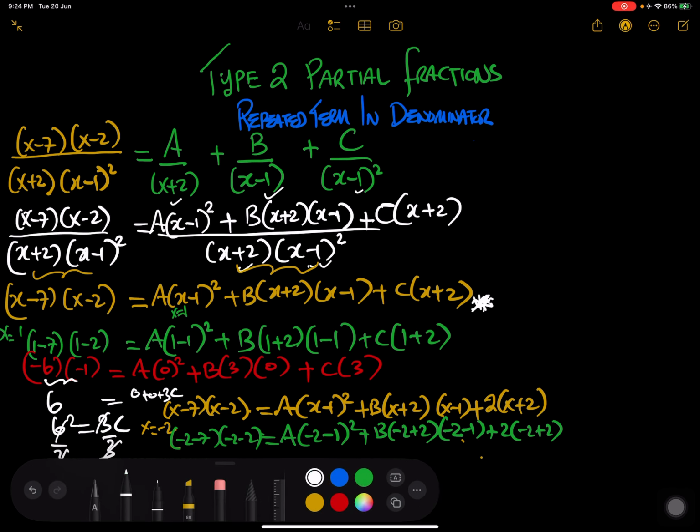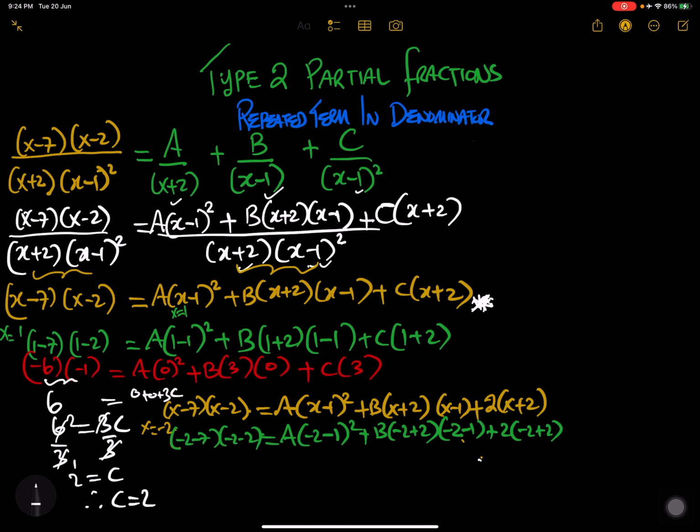If we observe carefully, we'll notice that −2 − 7 is −9 and −2 − 2 is −4, which is equal to a into (−3) squared. And then this one here goes to 0, so we have b into 0 and then 2 into 0.